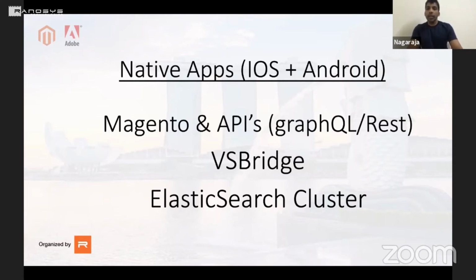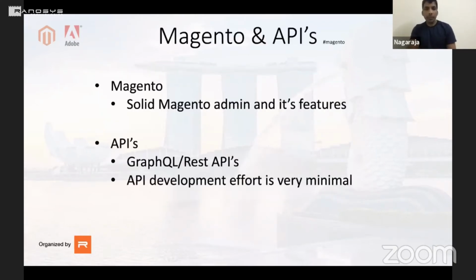The next one is the Elastic Search cluster, which you are always using with Magento, and it is a native functionality that's already been built. These three components come together to make a big headless architecture.